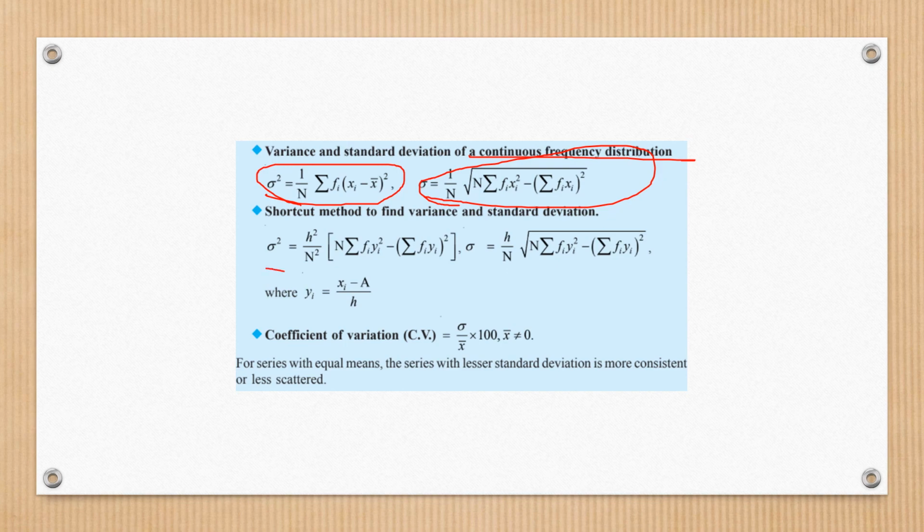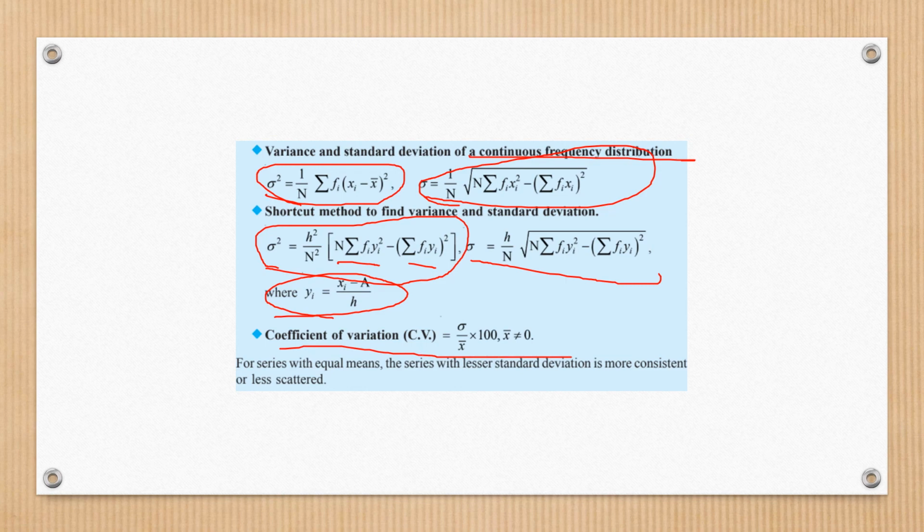Sigma square is h square upon n square times n into summation fi yi square minus summation fi yi whole square, and standard deviation is the square root of all this. So h upon n will be out of the root and the rest inside the root, where yi is xi minus A upon h, A is the assumed mean. And the coefficient of variation is sigma upon x bar into 100, provided x bar is not equal to 0.